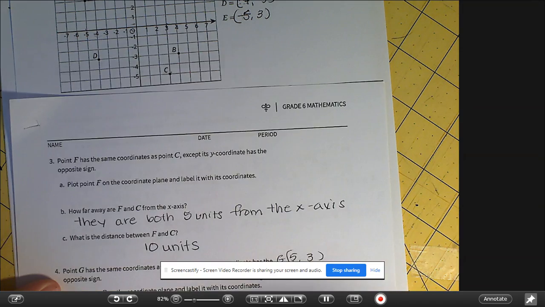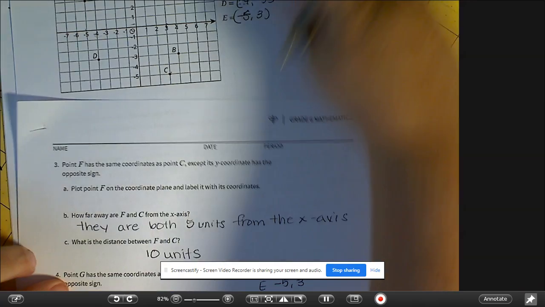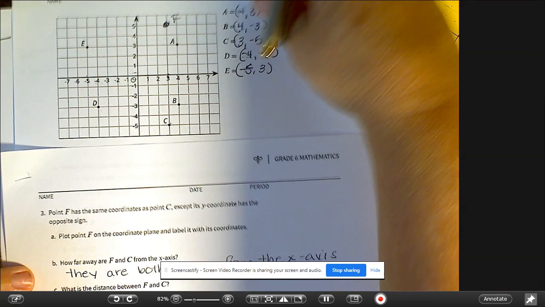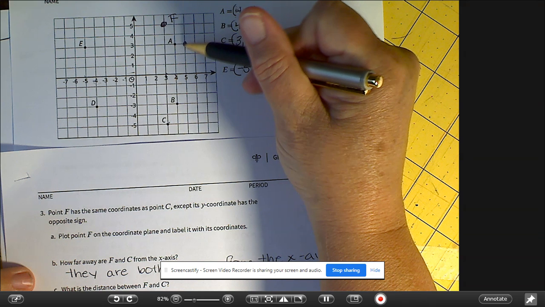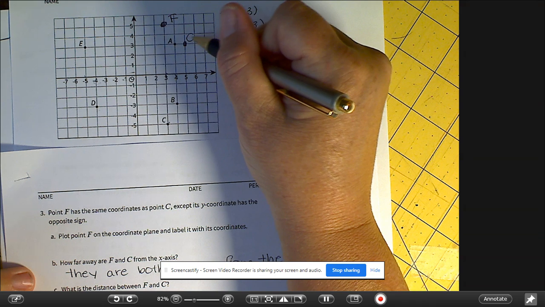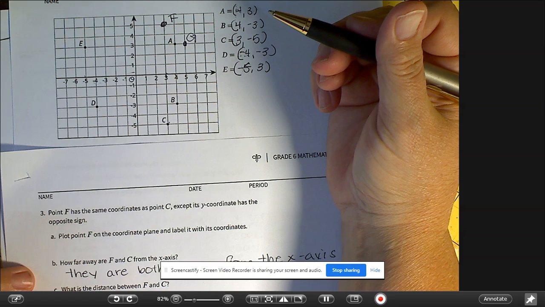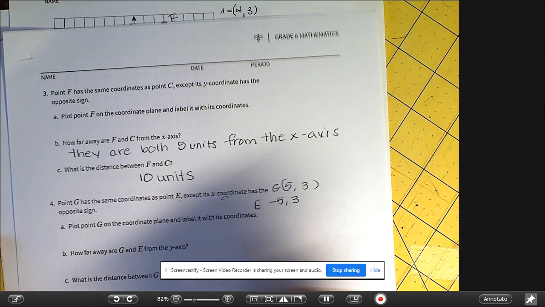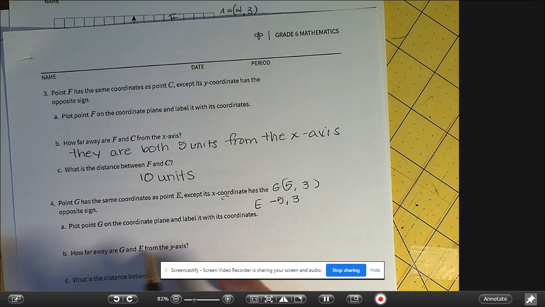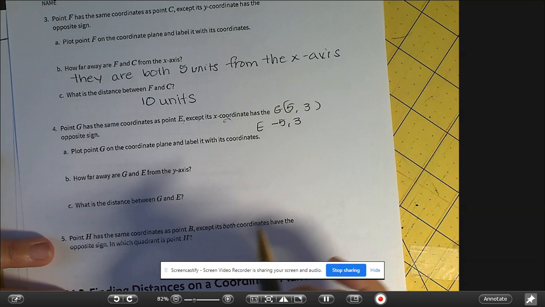So if we put that on the coordinate plane, it would be here. How far away are G and E from the y-axis?